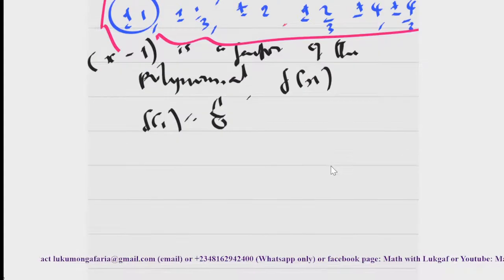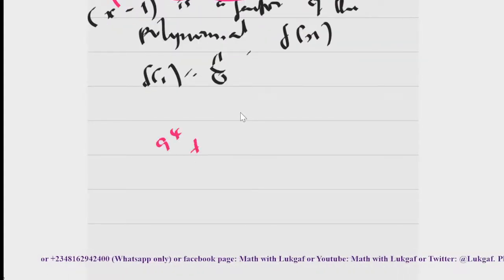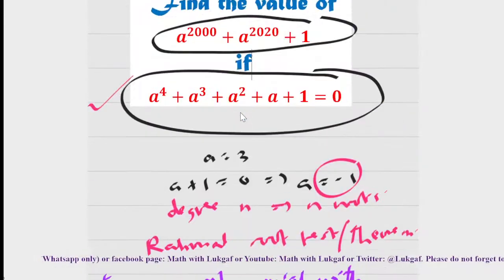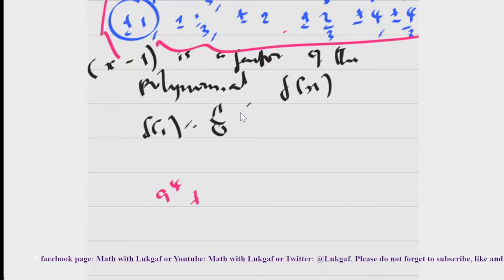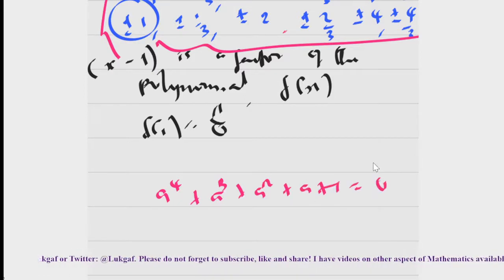So if that is cleared, then if you now come back to our question, we have a raised to power 4 plus a raised to power 3 plus a raised to power 2 plus a plus 1 is equal to 0.